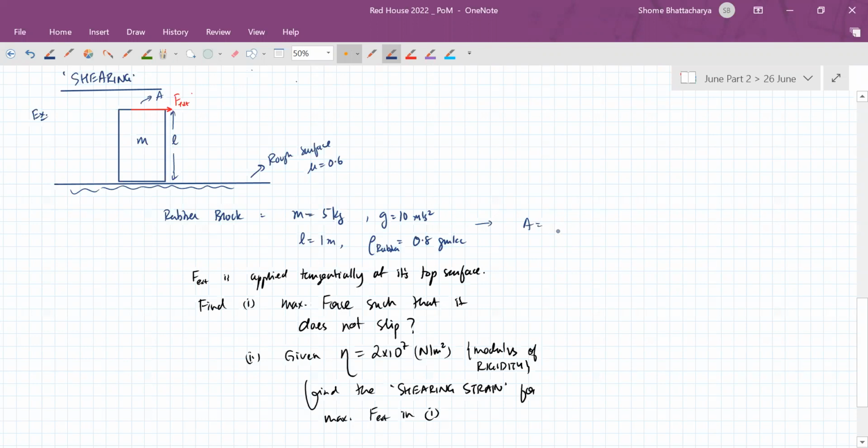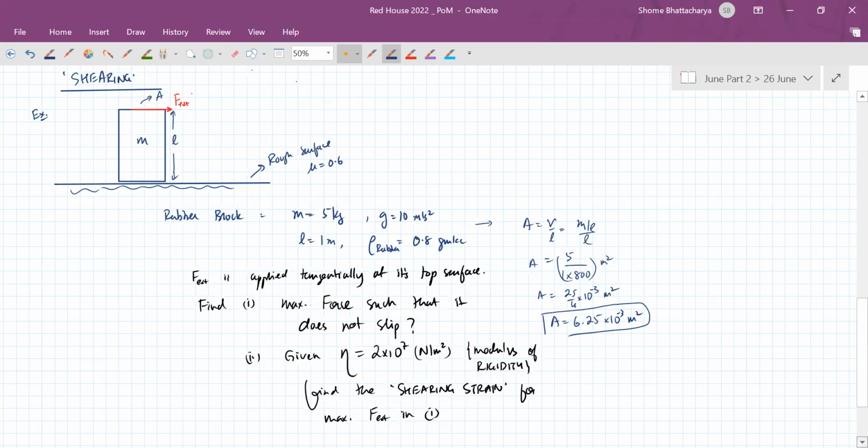And the volume we will get as, so this is the cross-sectional area.